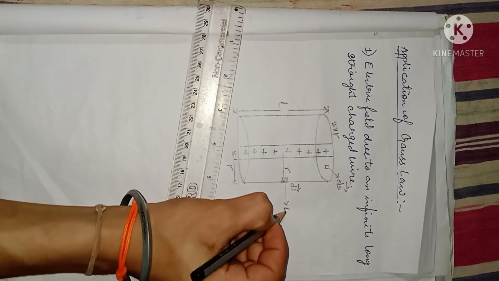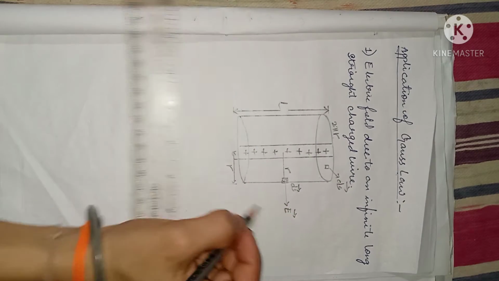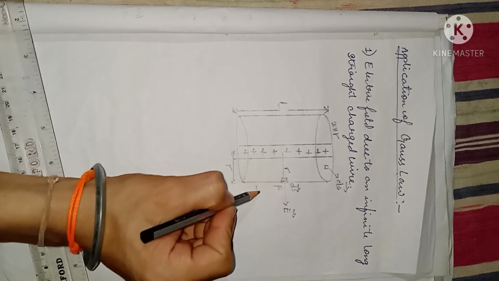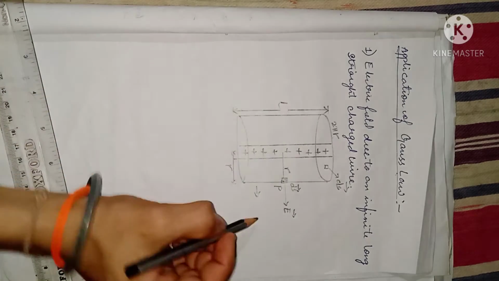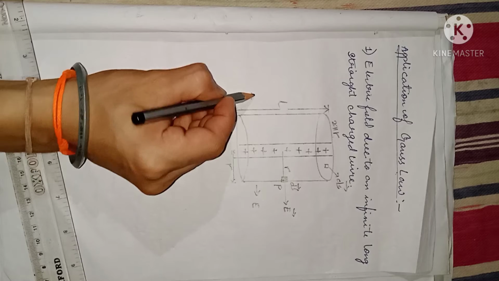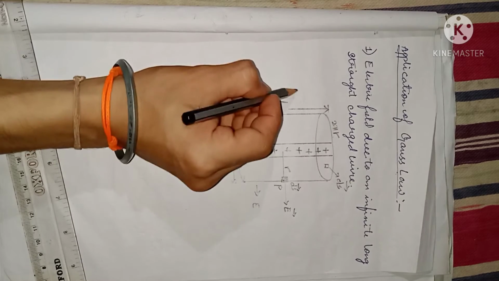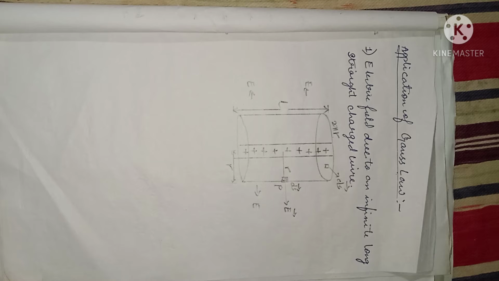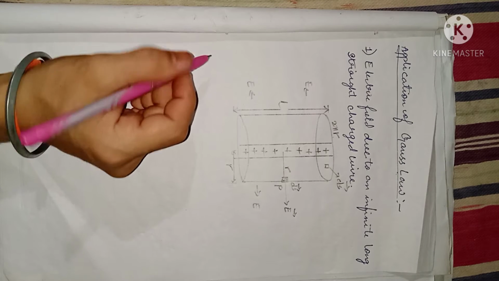So the electric field is acting here. Suppose this is point p. Now we know that the electric field is acting on the surface. Now the consideration part you need to note down.